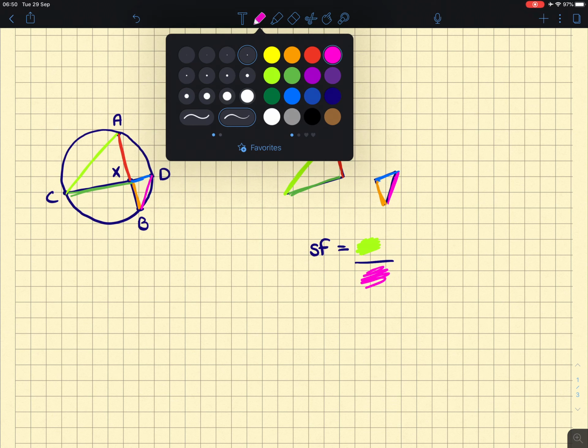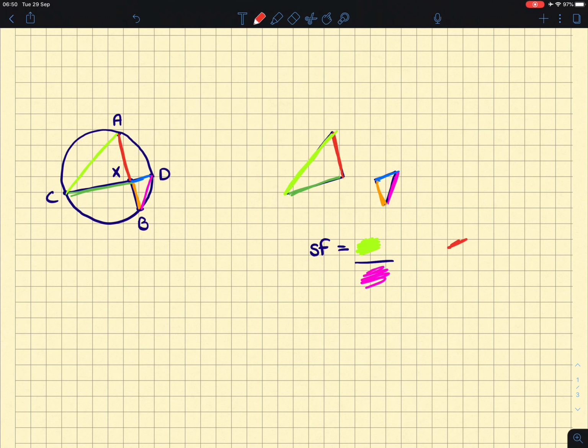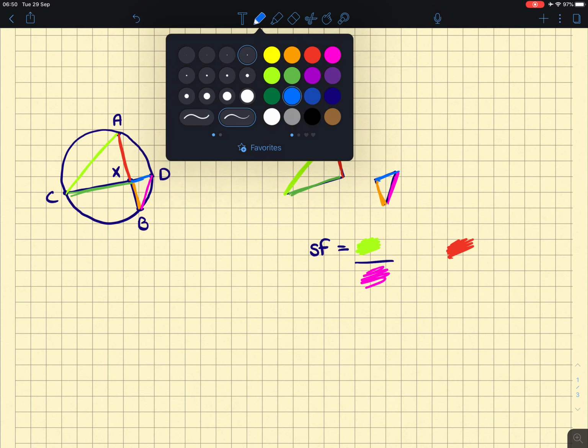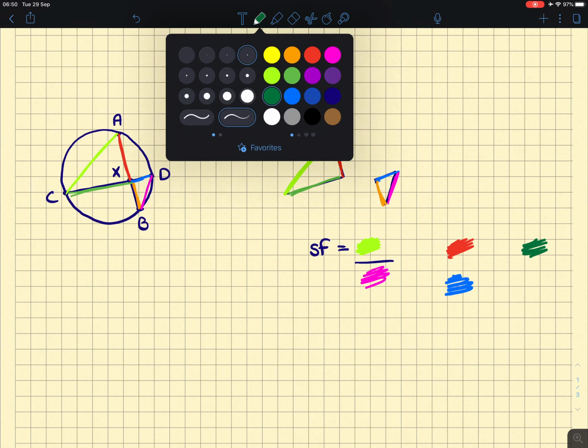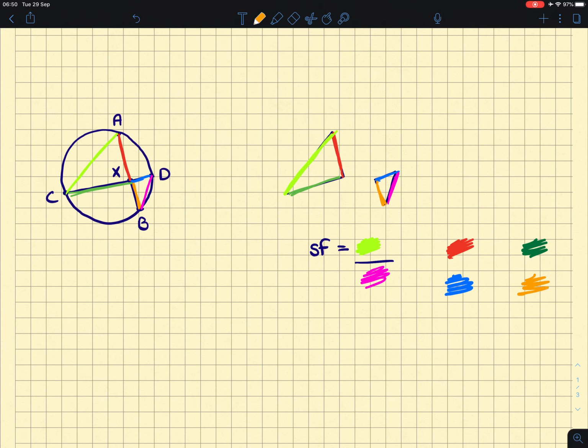If I do the same with the red length divided by the blue length, I'm going to get a scale factor. And if I take the darker green length and divide it by the orange length, I'm also going to get the scale factor, because all I've done here is pick the three lengths of this triangle and divide them by the corresponding lengths in that triangle. Big divided by small will give me a scale factor. So all of these things are equal to each other in terms of their colors, okay?